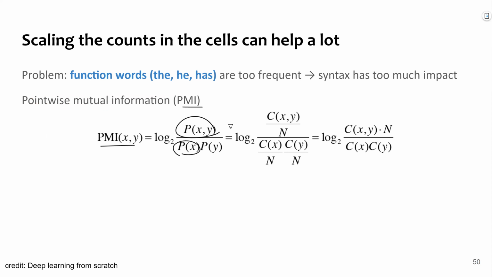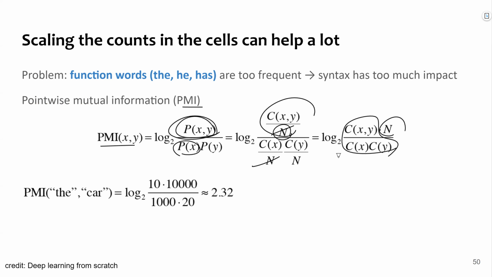And because when we calculate this probability we need to normalize with the total number N, we can just cancel out these two N's. And we have N as the count of how many times these words are occurring.